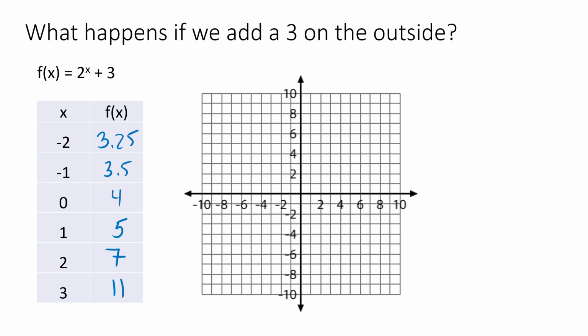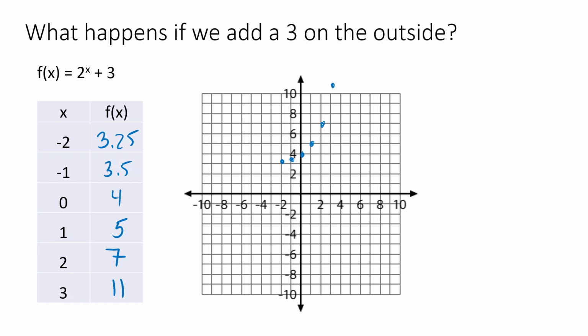Now, as I go to graph that, -2 up 3.25 puts me right there. -1 up 3.5 right there. 0, 4, so our y-intercept has slid up. 1, 5, 2, 7, and this last one actually doesn't fit on here, but I don't want to redo.